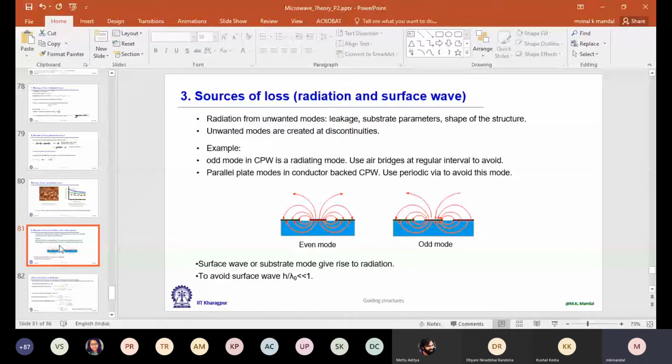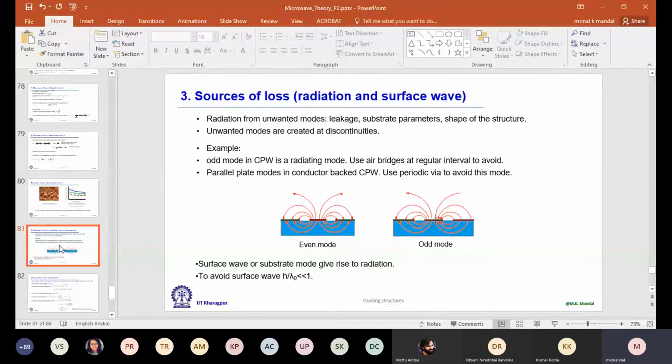Then, when we go for component design, it's really difficult to design the component with respect to different modes. So we always consider only one mode, and with respect to that, we design the component. The component can be anything, active or passive.